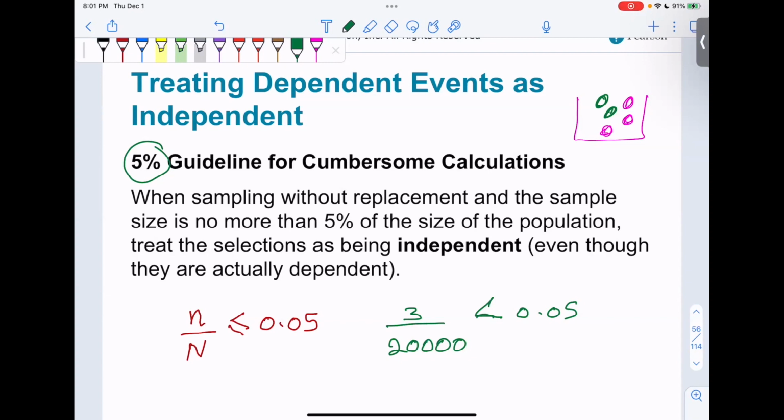And if we don't return him, instead of 20,000 it will be 19,999, which will not make any difference, because this number is big. So if the sample size divided by the population size is less than 0.05, we can treat a dependent experiment as independent.